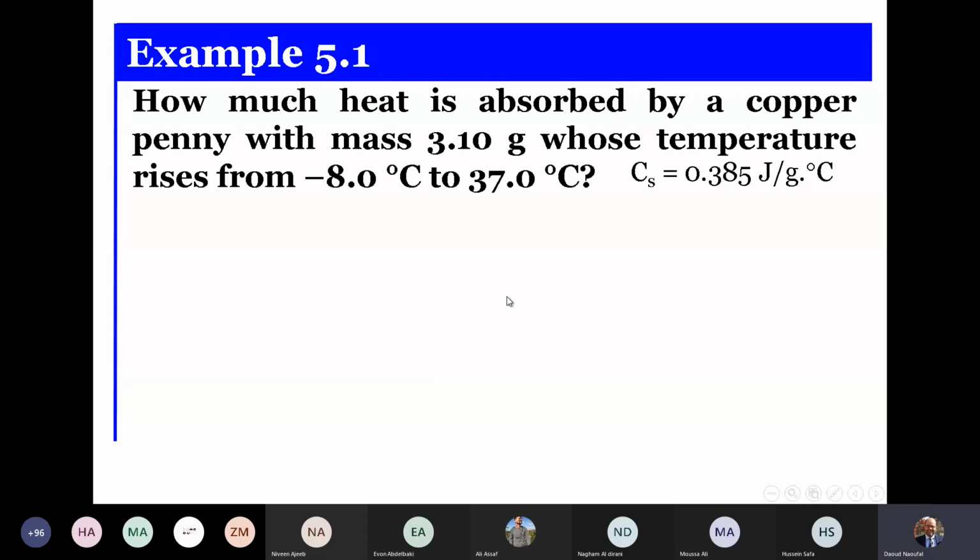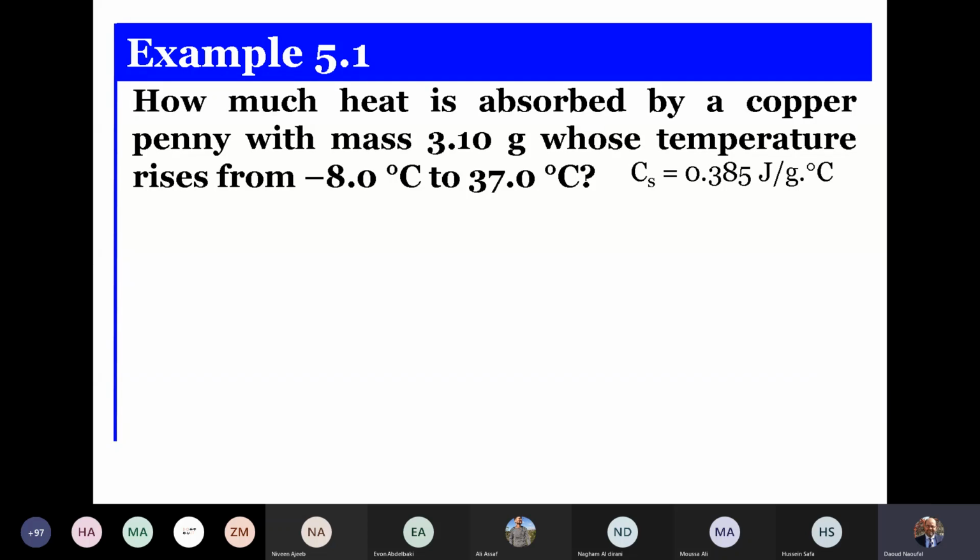In the previous part of thermodynamics, we talked about the quantity of heat, Q, as a function of the mass heat capacity or the molar heat capacity, and we defined dQ equals m, the mass, times Cs, the specific heat capacity, dT, or dQ equals n, the number of moles, times C, which is the molar heat capacity, dT.